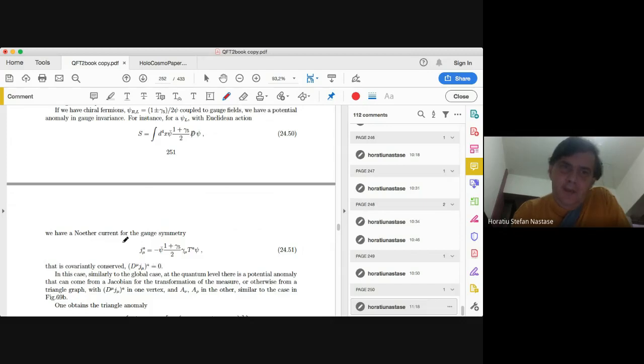When we say Noether current, we mean something that's covariantly conserved, D mu j mu a is equal to 0. But nevertheless, the formula for this Noether current is the same.